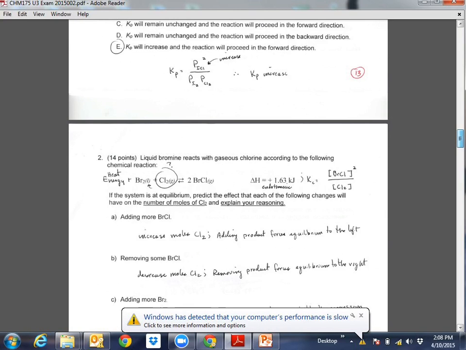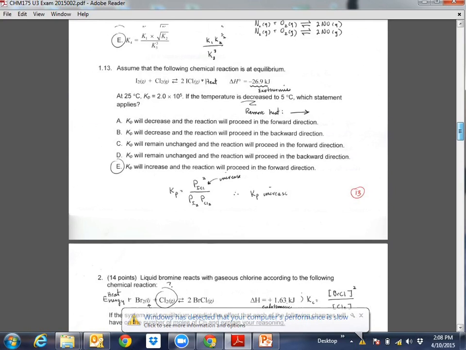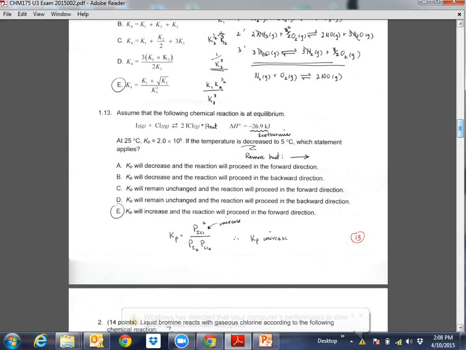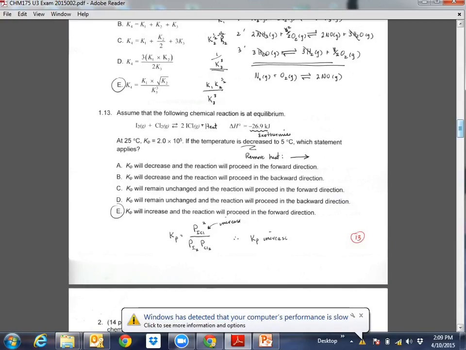Question 13 then. Given that equilibrium between I2Cl2 and ICl, and the fact that it is exothermic with a negative heat of reaction, if you decrease the temperature, what is going to happen? In this case, since it's exothermic, I put heat here on the product side.